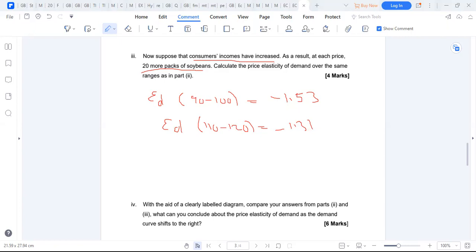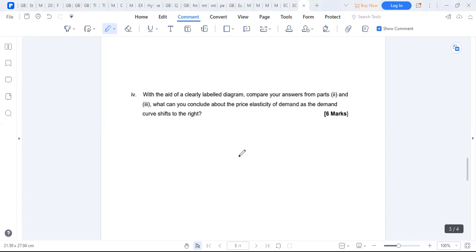We are taught the second part here with the aid of a clearly labeled diagram. Compare your answers in parts 2 and 3 and conclude on the elasticity of demand as the curve shifts to the right.